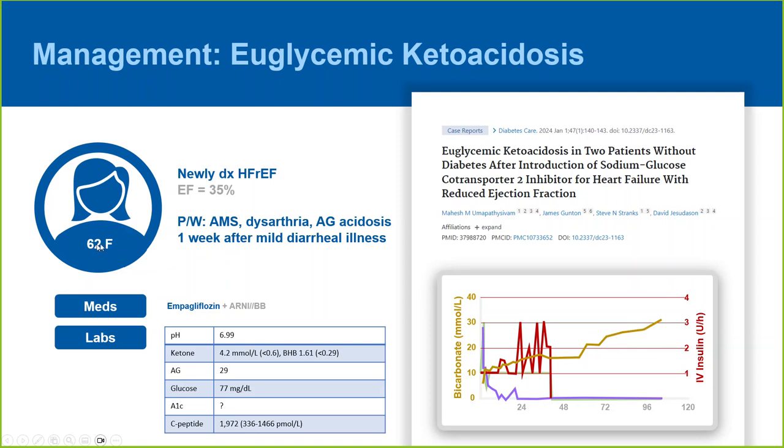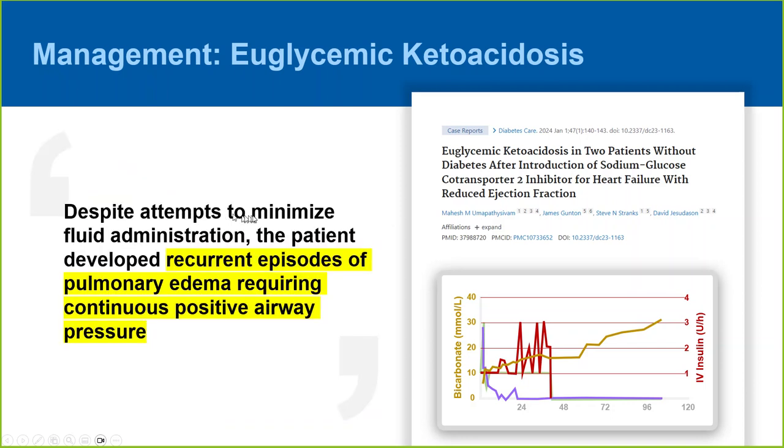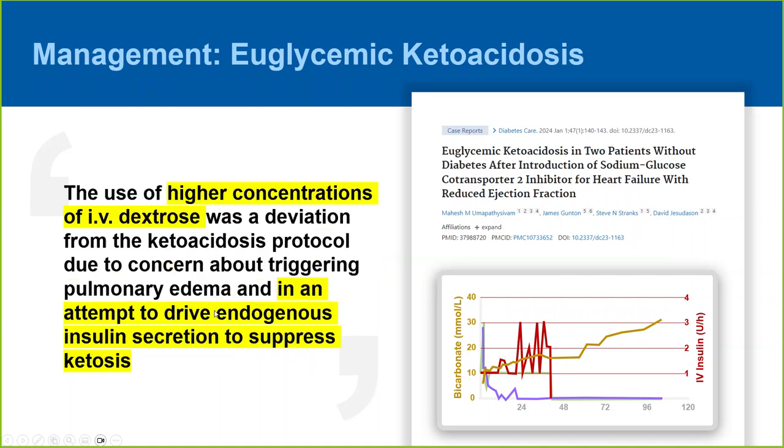Unfortunately for this 62-year-old woman who had a reduced EF, they say despite attempts to minimize fluid administration, the patient developed recurrent episodes of pulmonary edema requiring continuous positive airway pressure, and that in view of minimizing the amount of fluids she got, they used higher concentrations of dextrose in an attempt to drive both her endogenous insulin secretion and suppress ketosis.